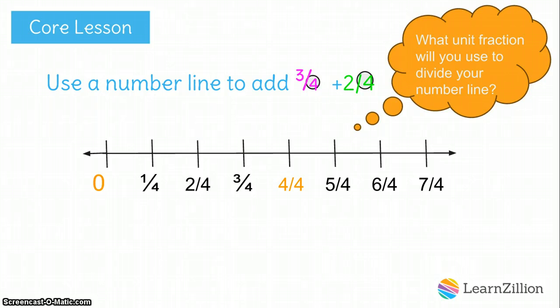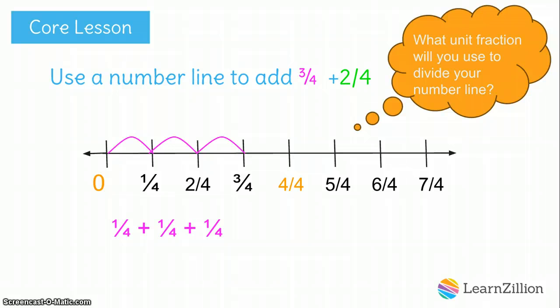I'm going to then divide my number line into 1/4 sections. Now, I'll take 3 1/4 sections, or 3/4, and add them to 2 1/4 sections, or 2/4, for a total of 5/4.